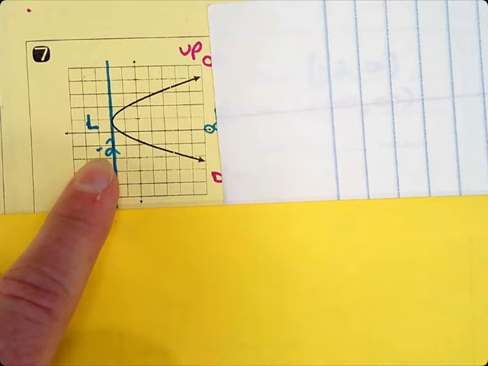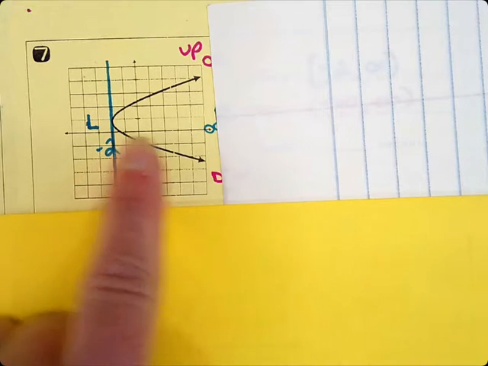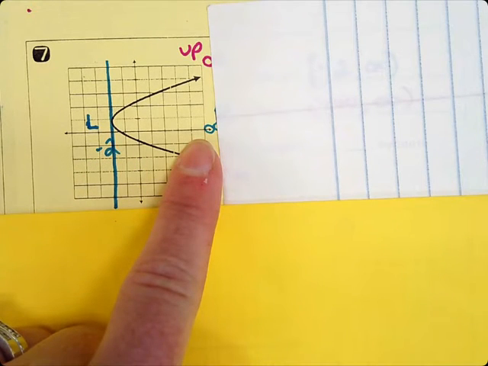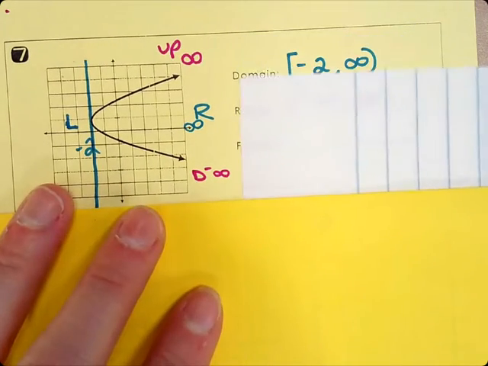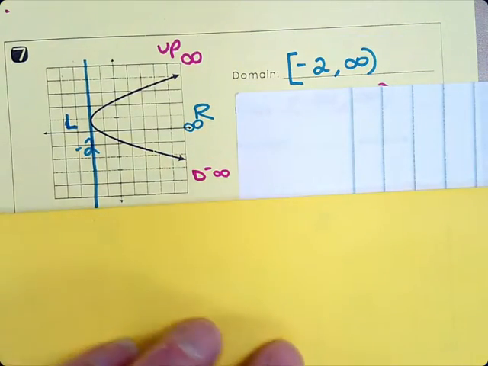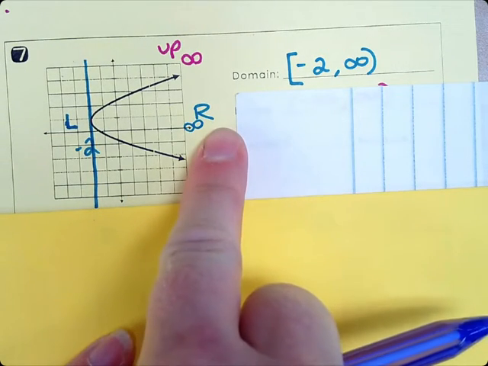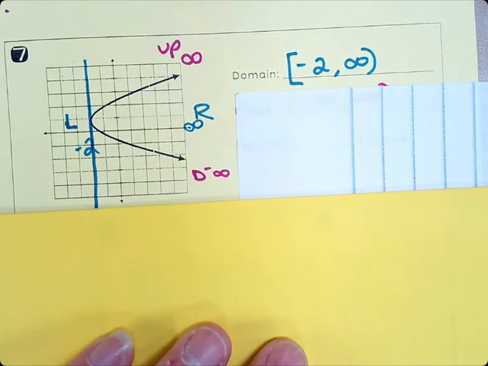So that's left at -2. But we cannot put a fence on the right side, so that means it goes to infinity. So my domain is -2 to infinity. The left is -2, on the right there's no fence, so it's infinity.